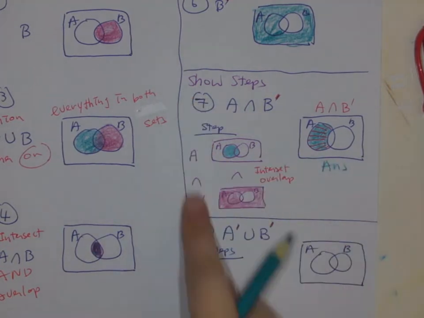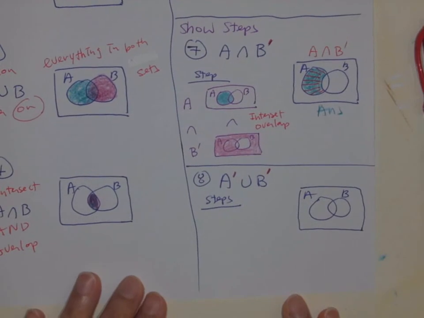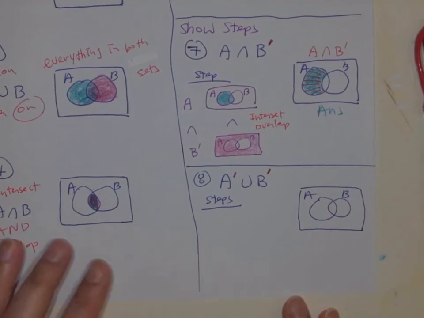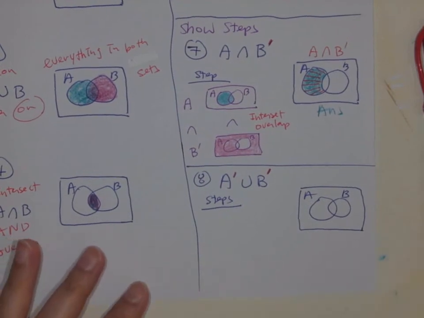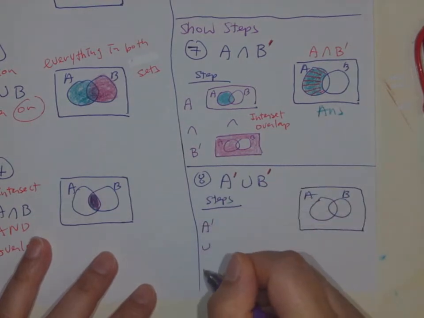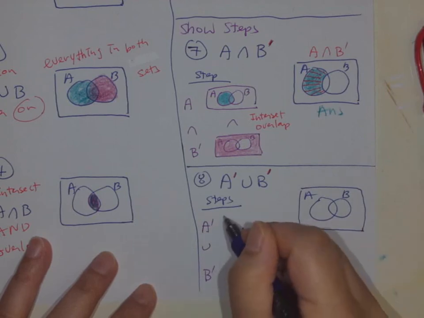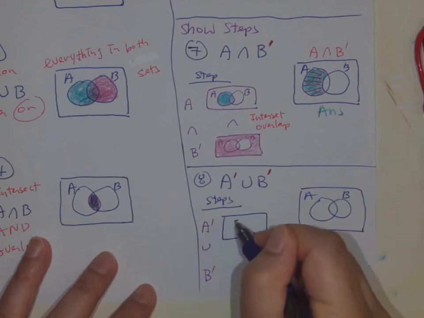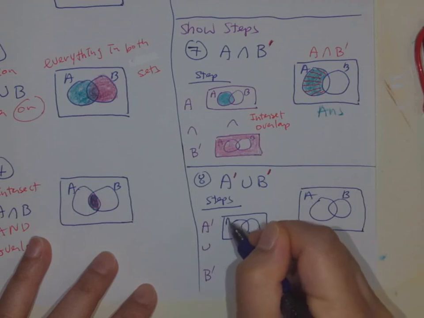Alright, those are your steps. If you feel okay, maybe try the next one and see if you can do it. Again, I would do some steps like not A here, union not B, and then draw a picture for each one of them. Feel free to pause the video and try it.